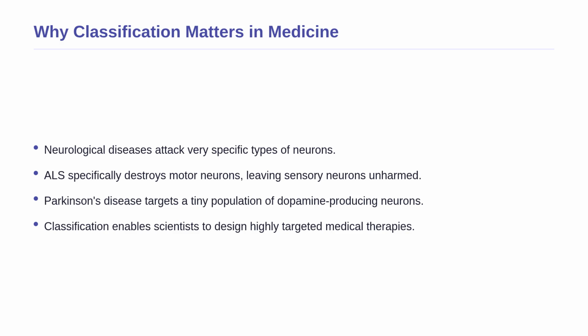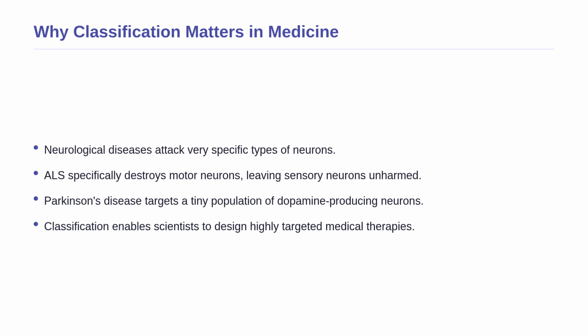This brings us to an important question. Why does classifying neurons matter so much in the real world of medicine? Imagine trying to fix a broken computer without knowing the difference between a memory chip and a power supply. It would be nearly impossible. In medicine, different neurological diseases attack very specific types of neurons, while leaving others completely unharmed.